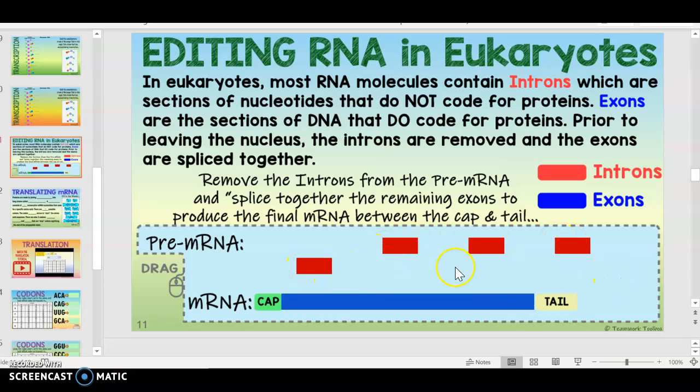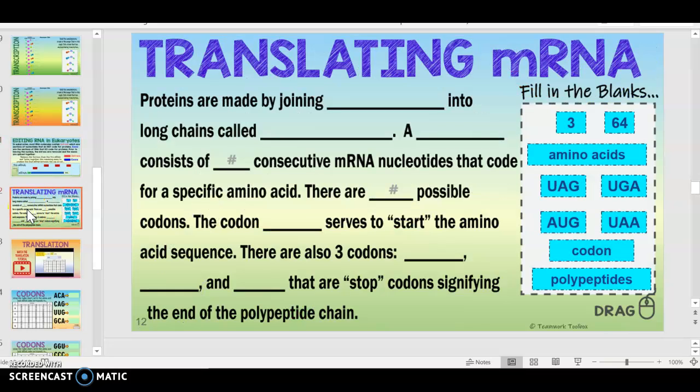So all this junk part will be cut out, and this is the important gene coding part there that will exit our cell. Okay? So proteins are made by joining the monomer of a protein, which hopefully you remember the monomer is amino acids, into long chains called polypeptides.